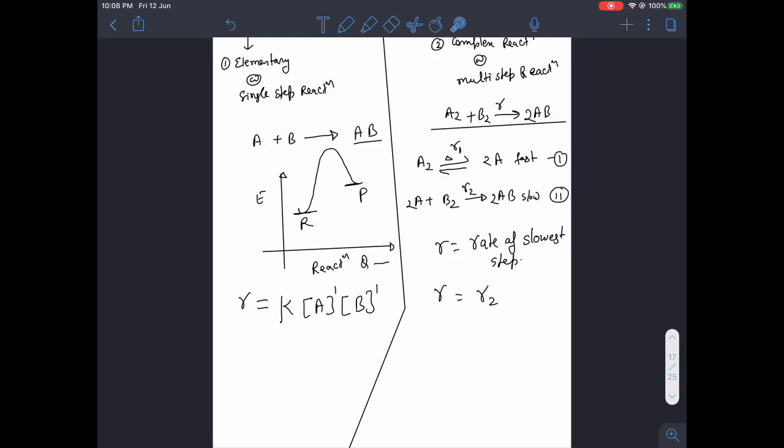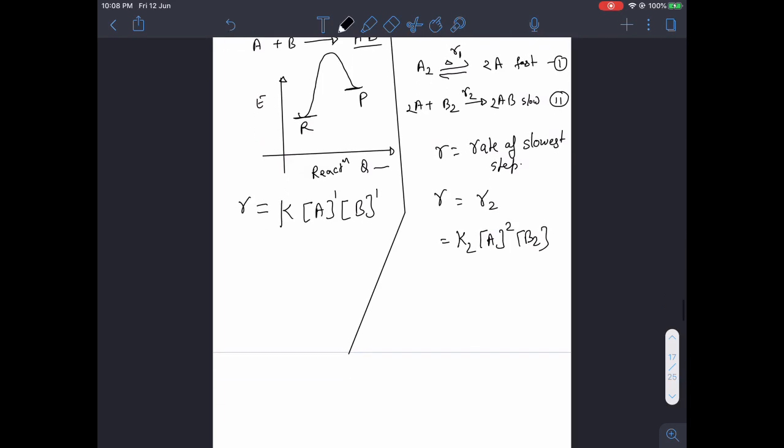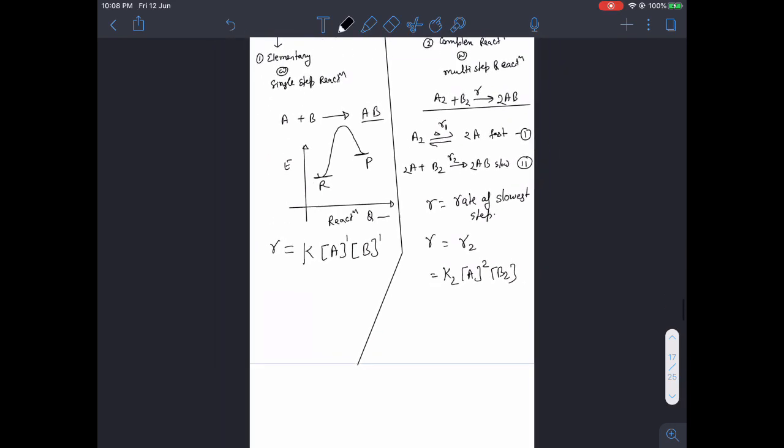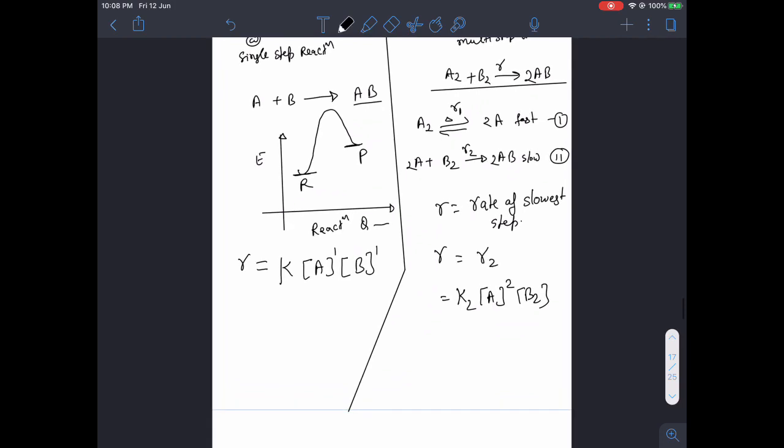So we can write the rate of reaction equal to R2, which is nothing but the second step, and we can write it as A to the power 2 and B2 multiplied by the rate constant of the second reaction K2. Now if someone asks what is the order of this reaction, are you going to answer 2 plus 1? The answer will be wrong.